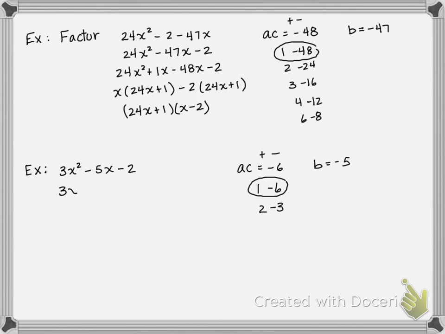So 3x squared plus 1x minus 6x minus 2. Factor out an x. Between my terms, I have a negative, common factor of 2, so we're really factoring out a negative 2. So we get 3x plus 1.